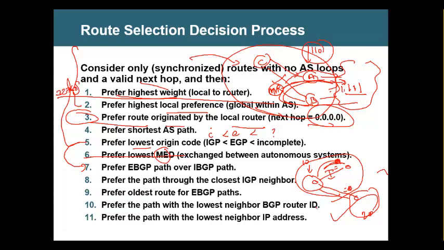Yeah, but it is attribute number 7, no? So we cannot simply accept it when someone says that statement. First of all, we need to check whether there is a tie in the first 6 attributes. Only then is preferring EBGP over IBGP applicable. Some used to talk as if this attribute number 7 is the first attribute. No, it's the 7th attribute.